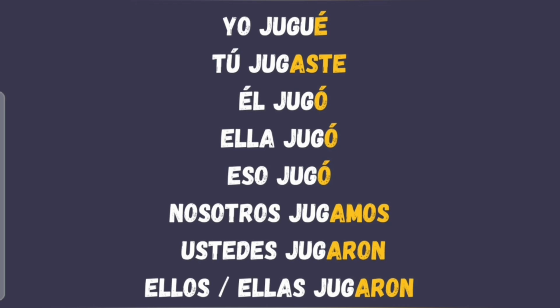Yo jugué, tú jugaste, él jugó, ella jugó, eso jugó, nosotros jugamos, ustedes jugaron, ellos or ellas jugaron. As you can see, the ending is exactly the same. The only thing that you have to pay attention to is the personal pronoun yo.